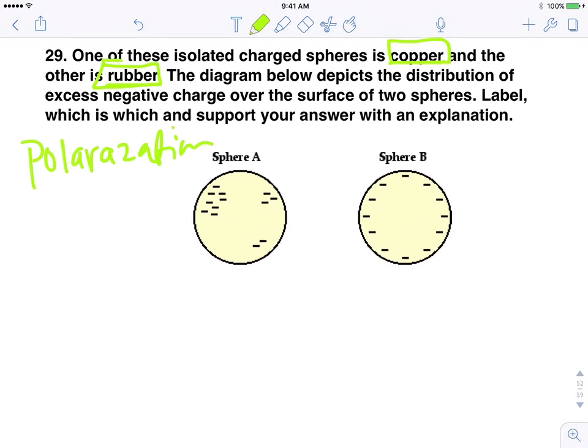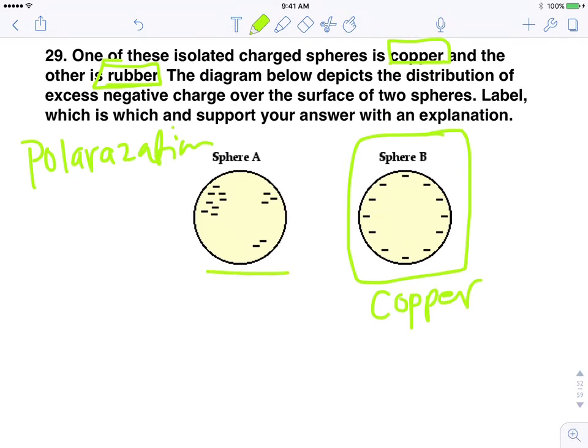It allows its electrons to move around freely, and they will actually look more like this one, because they are free to go to all areas, compared to the insulator, rubber.